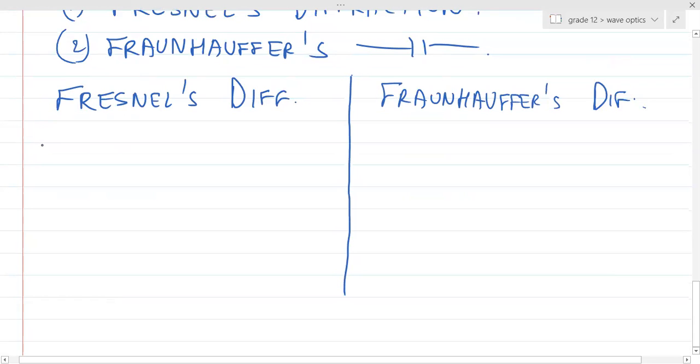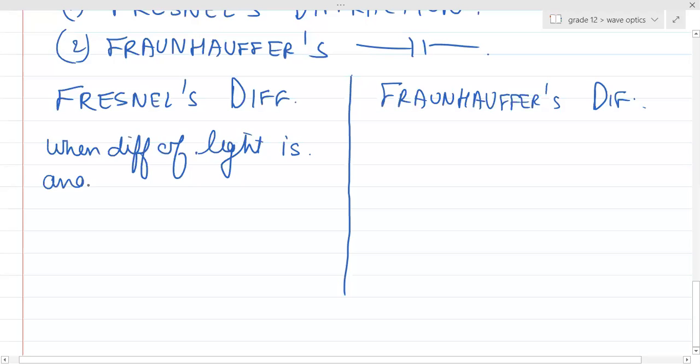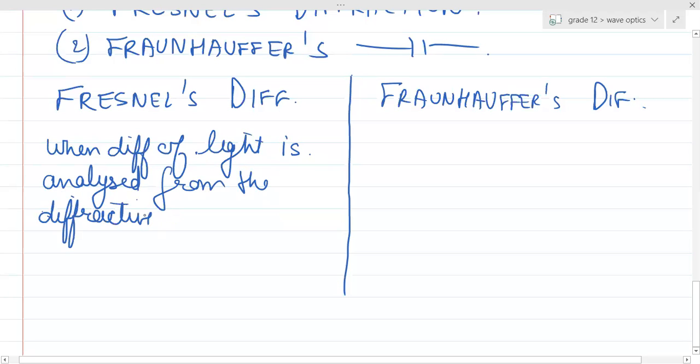Now, what is Fresnel diffraction? You'll write: when diffraction of light is analyzed from the diffracting device from a finite distance.